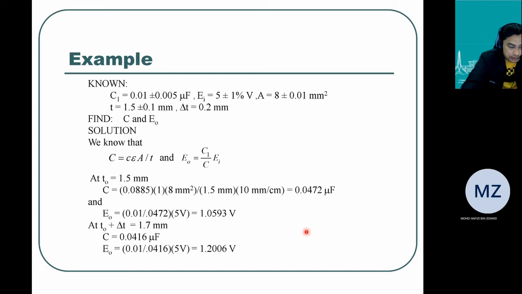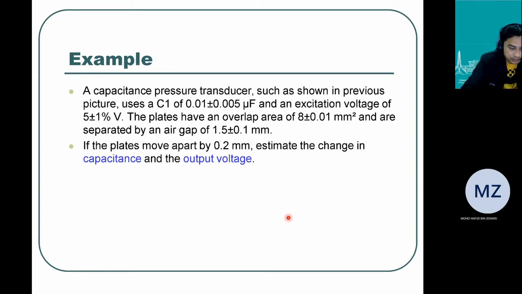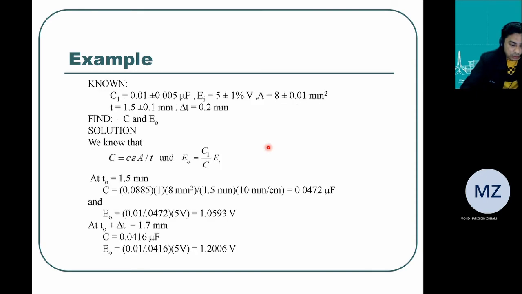So considering that for this case, the plate moves apart by 0.2 mm. The initial T is the earlier T, which is 1.5 here.